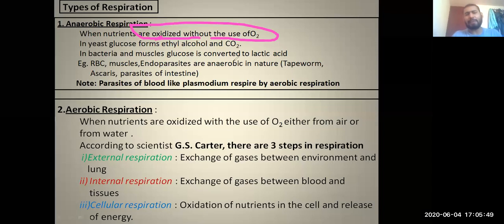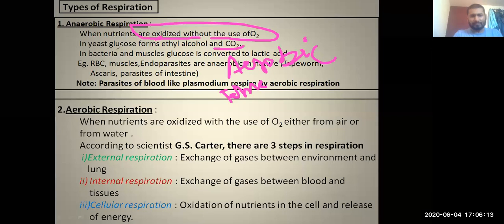And in fermentation, the terminal electron acceptor is an organic molecule, like alcohol and lactic acid.